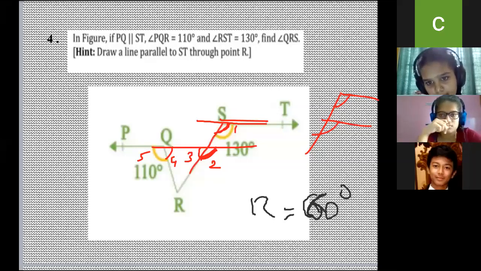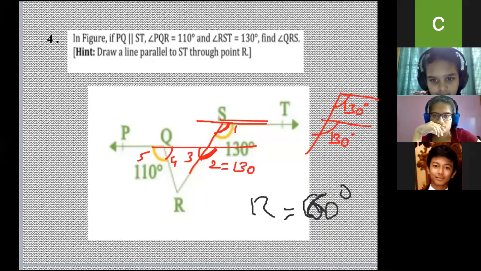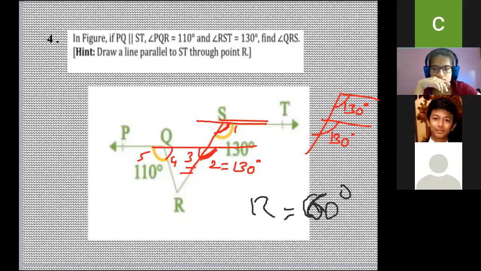When the lines are parallel, corresponding angles are equal. So angle 1 is 130 degrees, therefore the other angle 2 is also equal to 130 degrees. Now, how to find angle 3? 180 minus 130, because it is a linear pair.